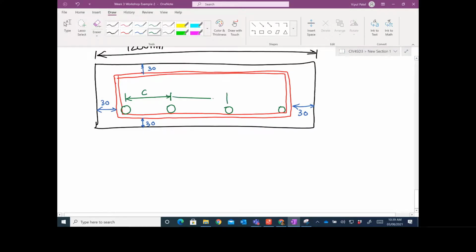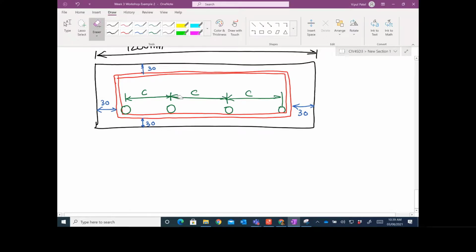1, 2, and that is 3. Okay, and it's touching, so you have 1, 2 and 3, and then you will have the 1200, 200, 210 stirrup and 4 bars.